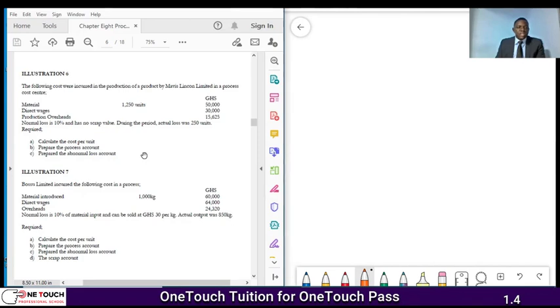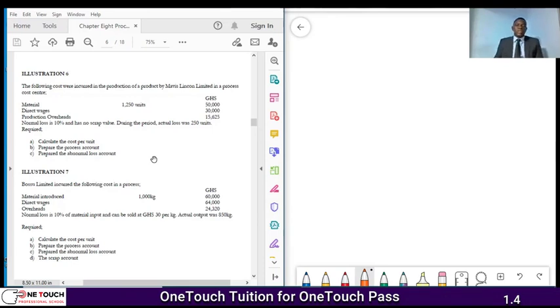Normal loss is 10% and has no scrap value. During the process, the actual loss was 250 units. Required: calculate the cost per unit, prepare the process account, and prepare the abnormal loss account.